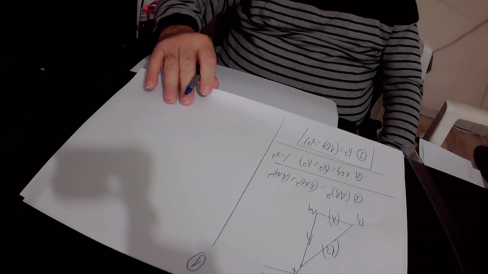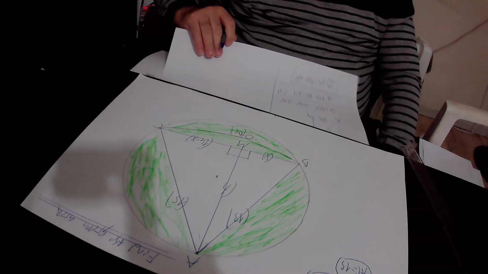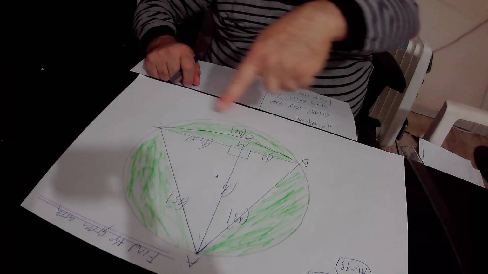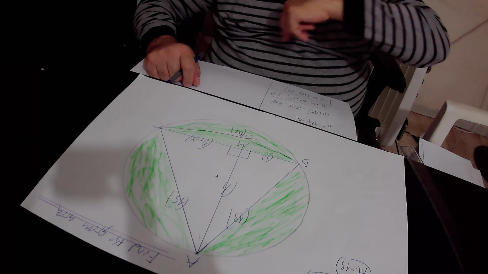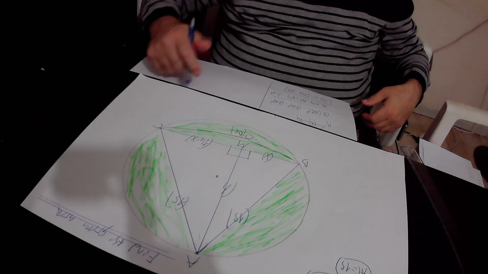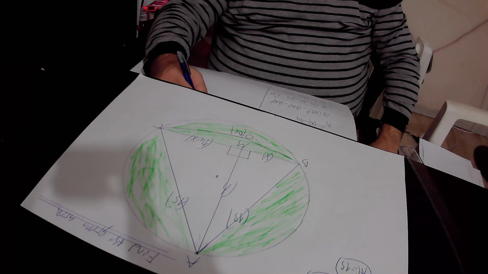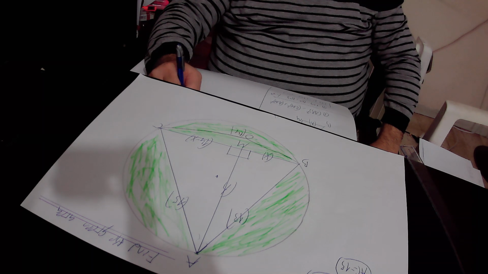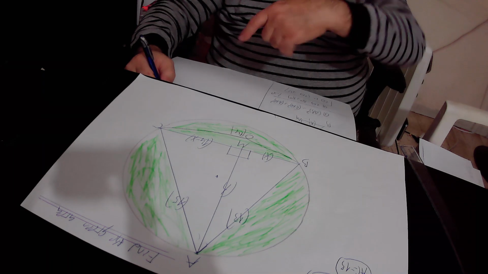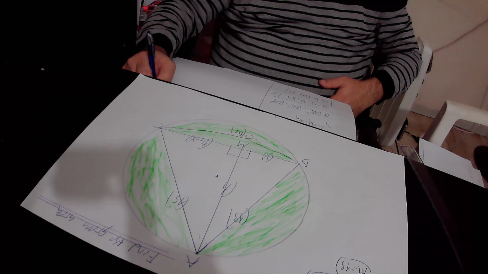Okay. In the next step, I will copy the right triangle AMC in a new page, and we will implement on this right triangle AMC the Pythagoras theorem. PT is the abbreviation for Pythagoras theorem.